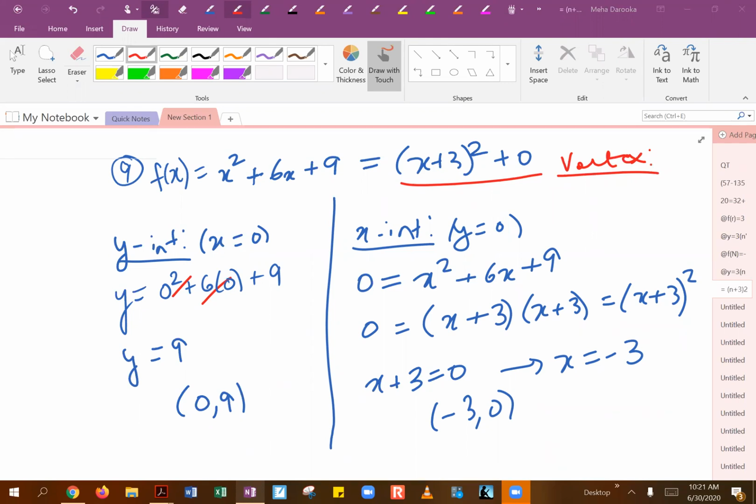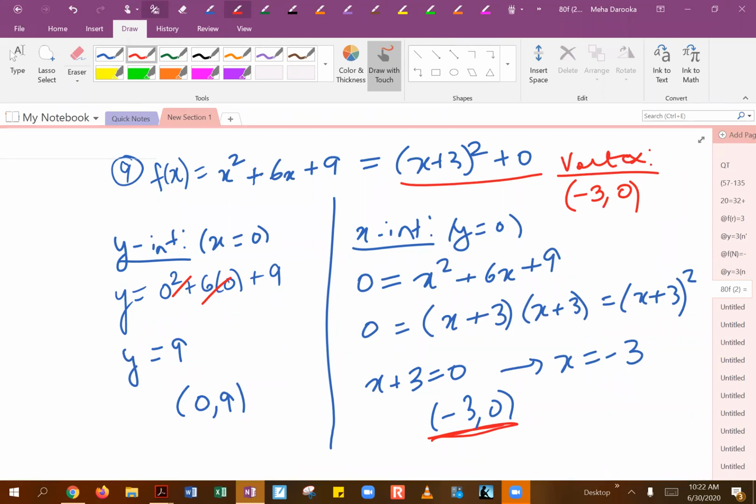Because that's x plus 3. So that means your h value itself is actually -3. And since we don't have the k, that makes your k 0. So your x-intercept also happens to be the vertex of your parabola.